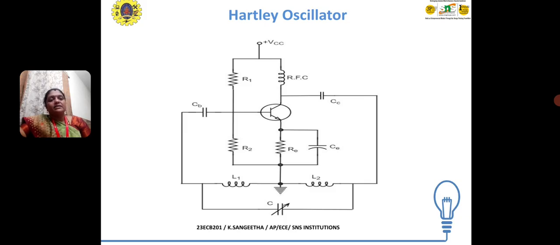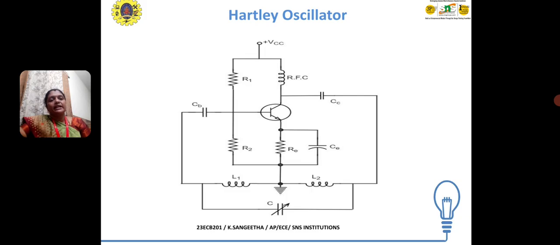The base consists of two resistors R1 and R2. They are mainly used to give biasing to the transistor. On the input side and the output side, coupling capacitors are used.